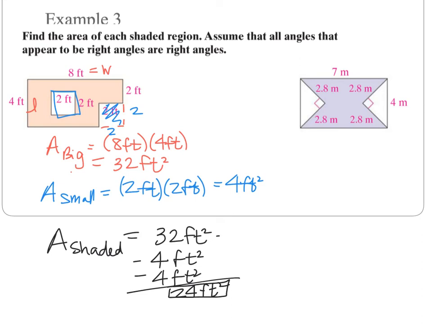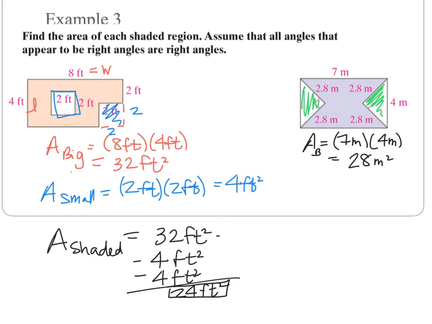Now you can try this image over here to the right on your own. So here I'm going to do the area of the big rectangle. I'll put a B for big, and that is going to be 7 meters times 4 meters, which gives me 28 meters squared. Then I see that I have this region right here and this region right here.